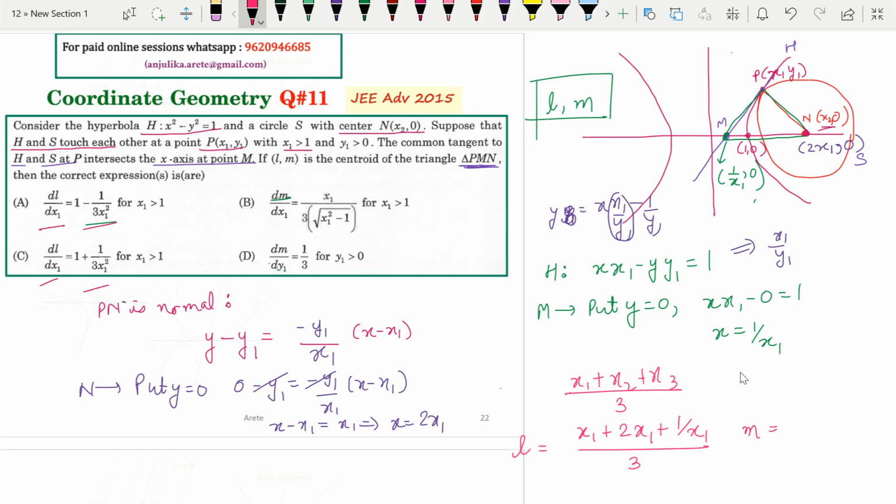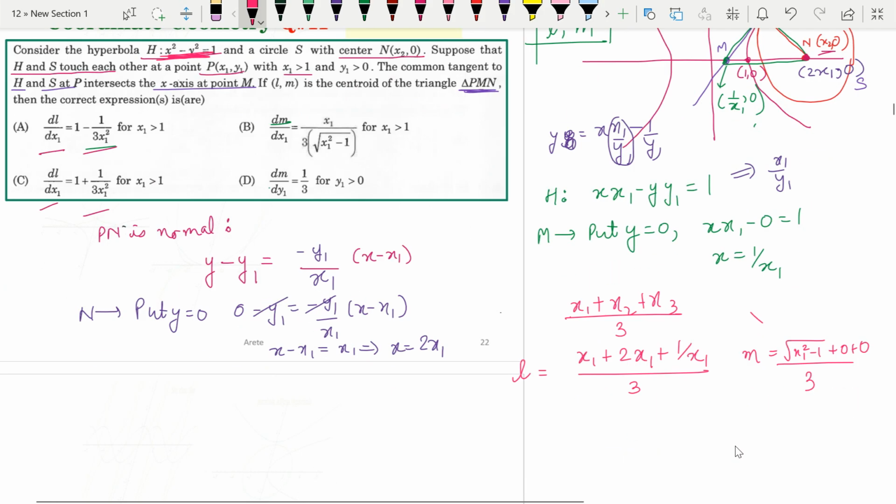Yes, we do need M. Since y1 lies on the hyperbola, your y1 squared is equal to x1 squared minus 1. So your y1 is the square root of x1 squared minus 1, in the positive quadrant. So the y coordinate is y1 plus 0 plus 0, divided by 3. So we got L and we also got M.